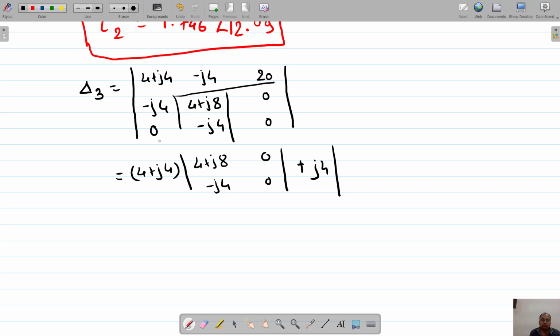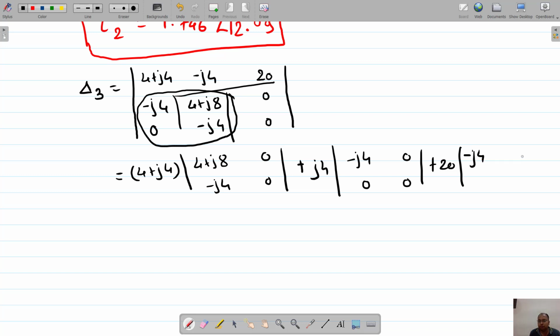So minus j4, 0, 0, 0, plus 20. Now this is the term: minus j4, 4 plus j8, 0, minus j4. Now this term we haven't calculated in the delta, because it was multiplied with 0, so that's why we haven't calculated it. So we need to calculate it.